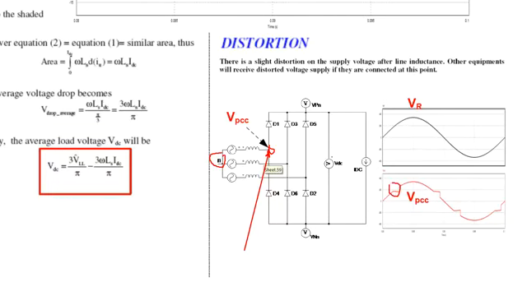You can see this is a distorted waveform, and with a distorted waveform there will be harmonics in the output voltage. Therefore other equipment will receive a distorted voltage supply if connected at this point, and that load will also deal with the harmonics of the supply voltage.